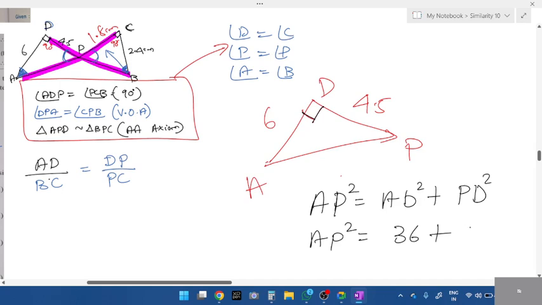Next, tell me the next one. 4.5. How can I write 4.5? 45 divided by 10. If I reduce, what do I get, students? 9 by 2. And if I square that, 81 by 4. Yeah, take LCM.